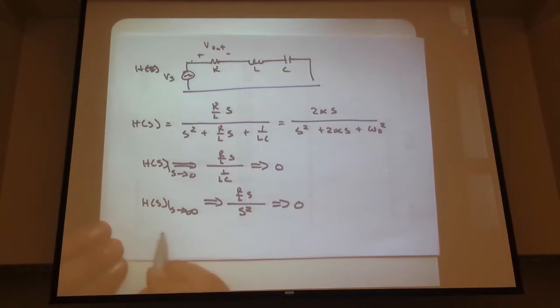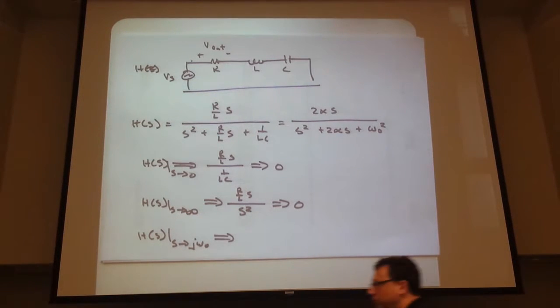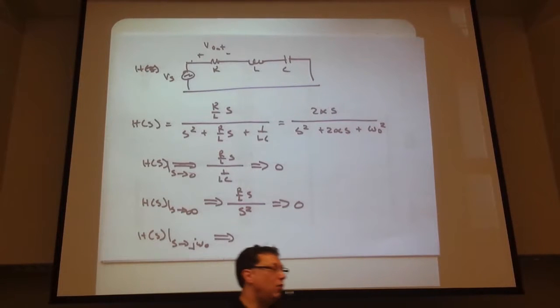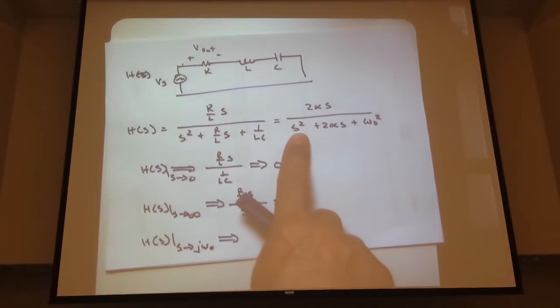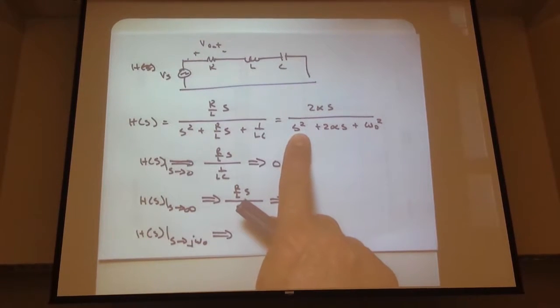What about looking, and this matters, at the resonant frequency? J omega naught. So as S goes to J omega naught, well, what happens in the denominator here? J omega naught squared is what?